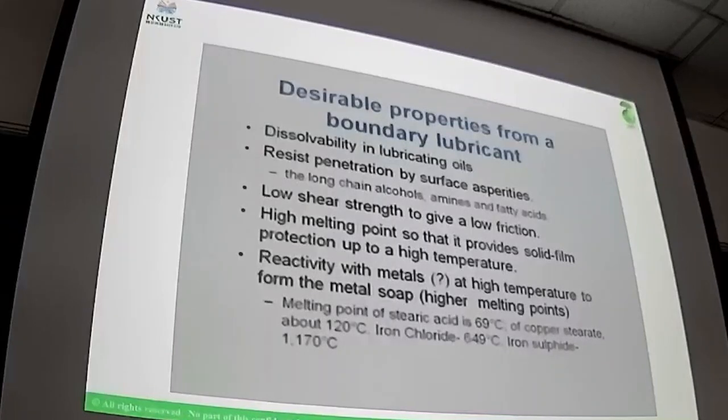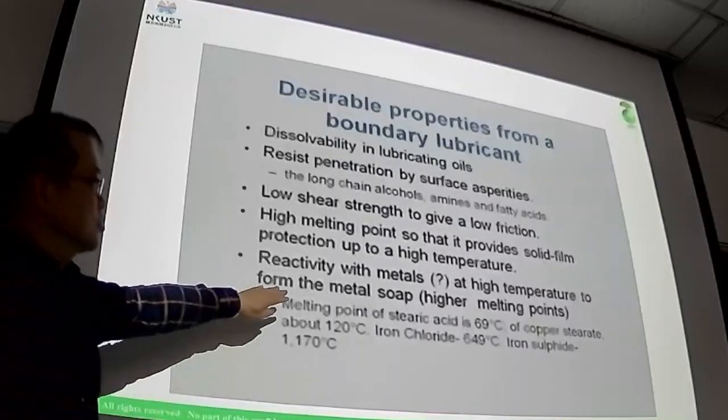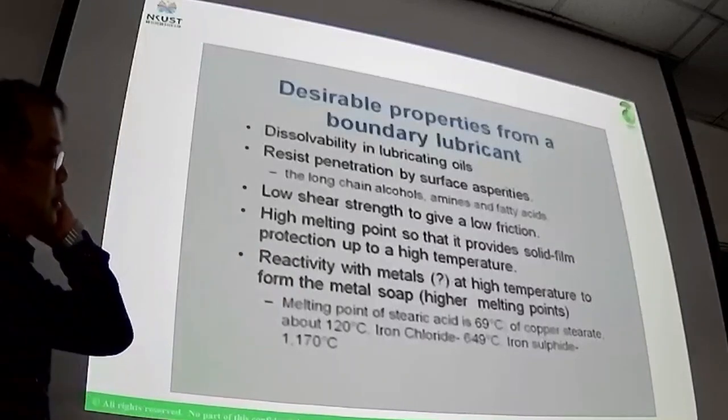The second one is resistance to penetration by surface asperities. The third one is low shear strength to give low friction. Fourth, high melting point so that it provides a solid film protection up to a high temperature. The fifth one is reactivity with the metal at high temperature to form a metal salt with a higher melting point.